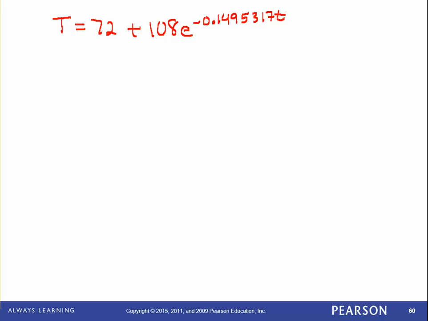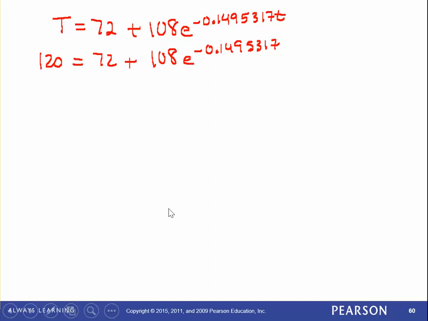Okay, if we need to give the coffee to the customer at exactly 120-degree temperature, we're going to plug in the 120 for the t. And this time now we're solving for the time factor. Again, we plugged into temperature, but this is time over here.